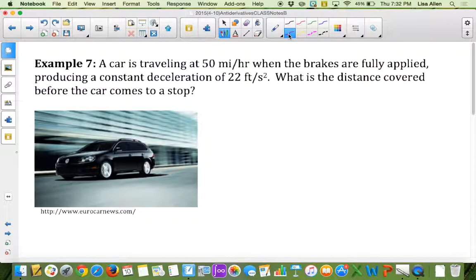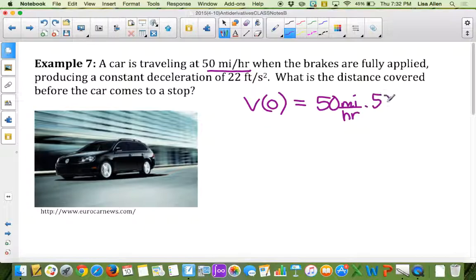So I take the information and, like I normally do in a word problem, start making a list. It looks like v of 0 at the beginning is equal to 50 miles per hour. I take note that we have 22 feet per second squared, which is acceleration, but I might want to change the 50 miles per hour.